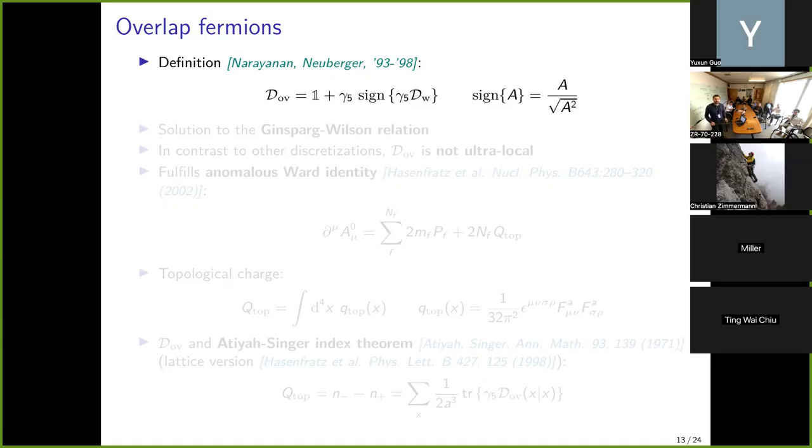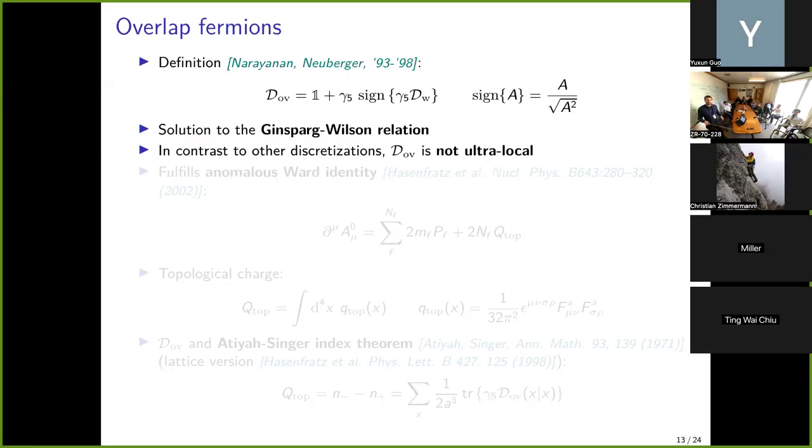Right, so I already mentioned that overlap fermions are a solution to the Ginsparg-Wilson relation. And they are basically defined by starting from the Wilson operator, multiplied by gamma 5, take the matrix sign function, which is a bit complicated to calculate, which is why overlap fermions are difficult to treat on the lattice. But it's completely worth it, as we will see in the following. Right, so this is the definition of the overlap operator.